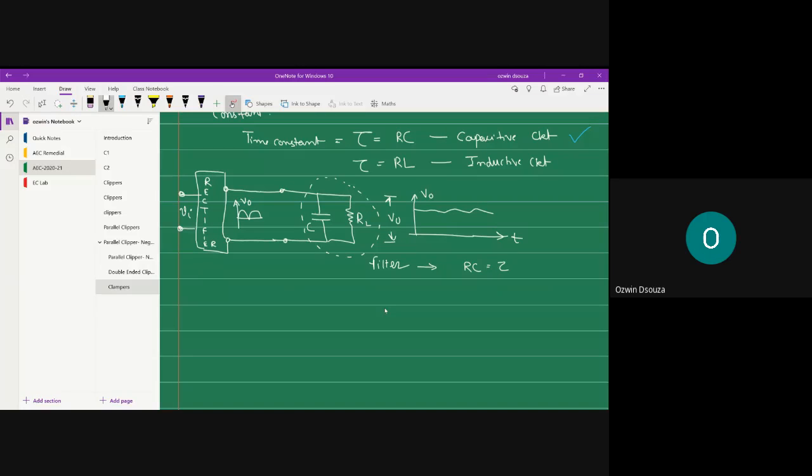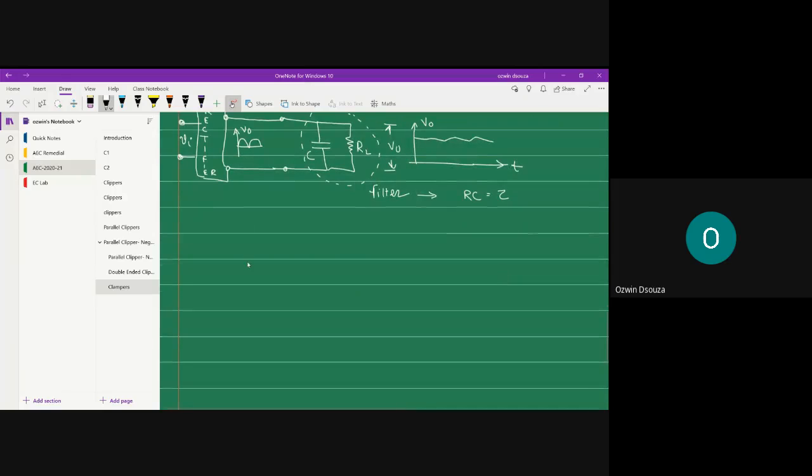That's because the values of R and C determine how quickly the capacitor is going to lose its charge or how slowly it is going to lose its charge. So the losing of charge is related to time. The capacitor can quickly lose its charge, or it can retain its charge for a longer period of time. Since time is coming into the picture, this performance parameter is called the time constant of the circuit.